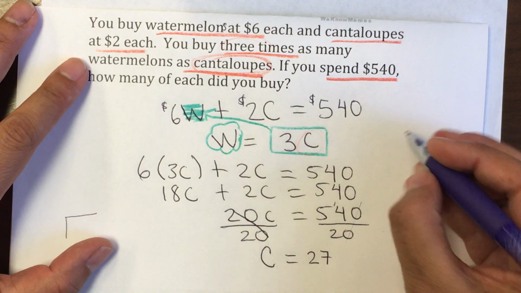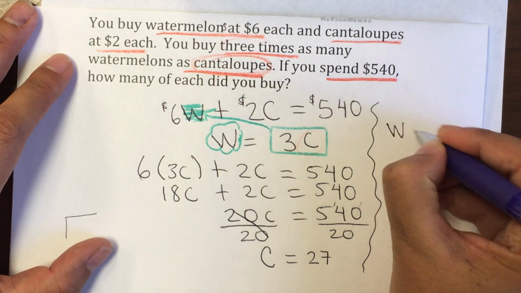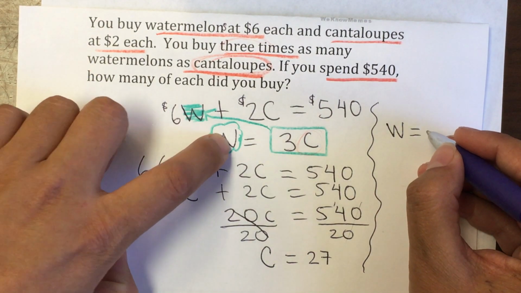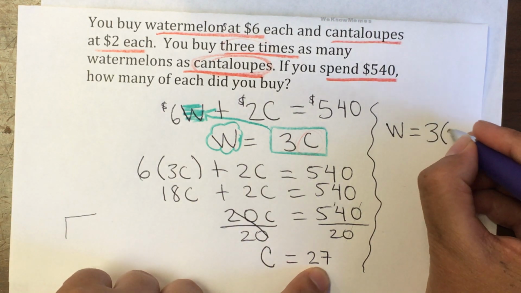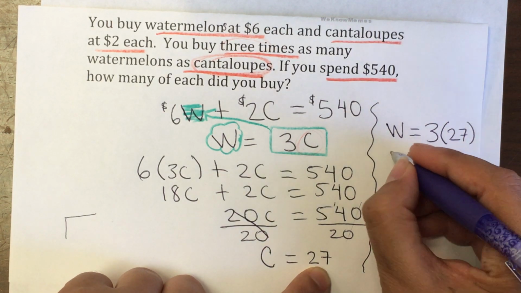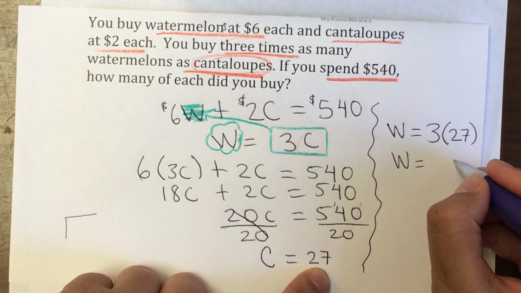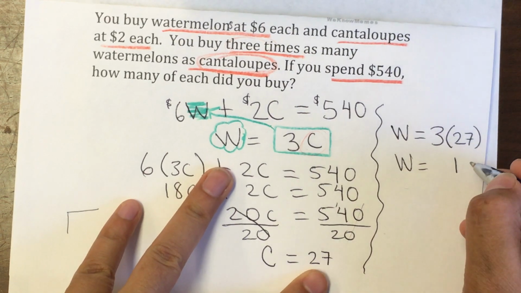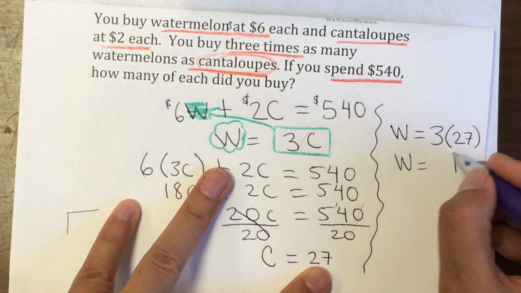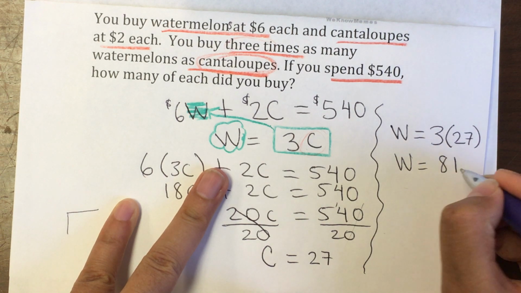Now how many watermelons did I buy? My watermelons are 3 times as many as the cantaloupes that I have. So 3 times 7 is 21, carry 2. 3 times 6 is... 3 times 2 is 6, and 2 is 8.